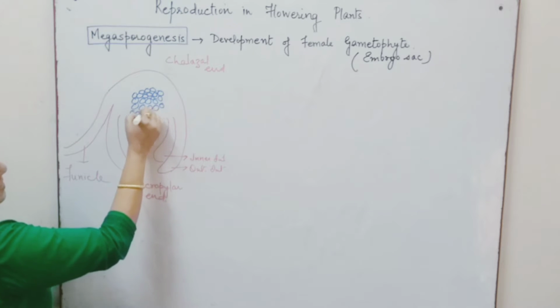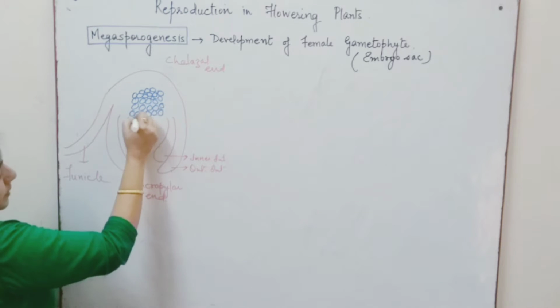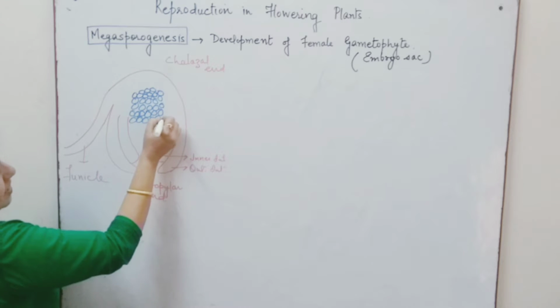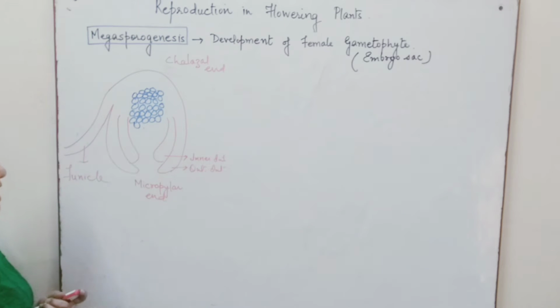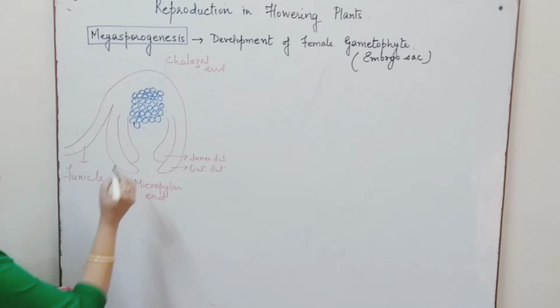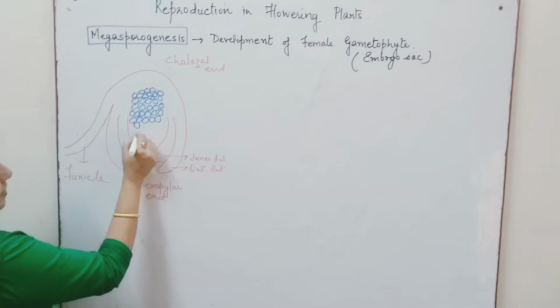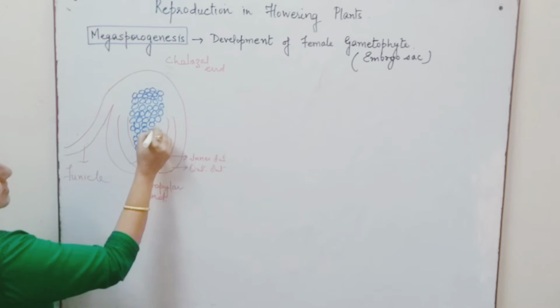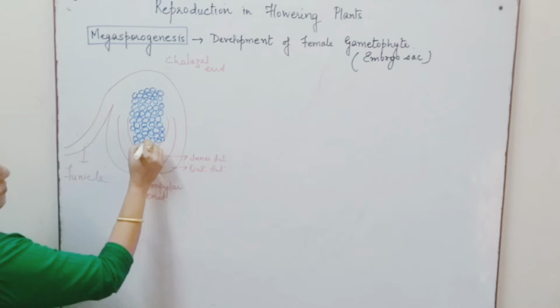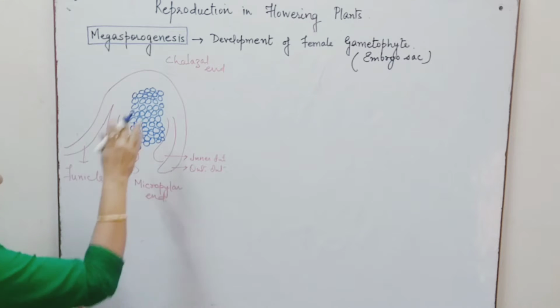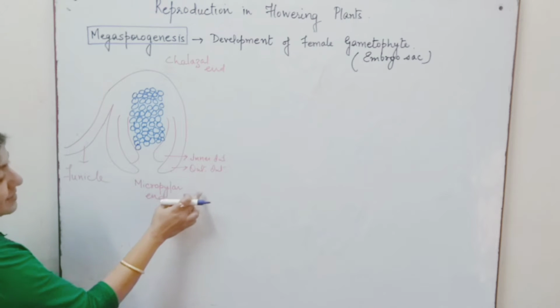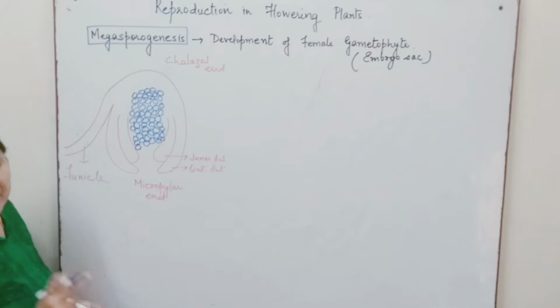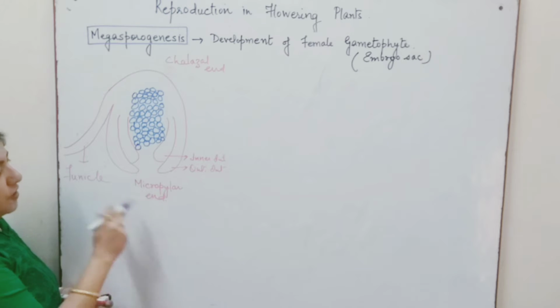This nucellus is arranged compactly over here, and out of these cells, only one cell is towards the micropylar end. It is very important always to label the micropylar end, because it is through this micropylar end that the pollen tube will enter during the process of the transfer of gametes.